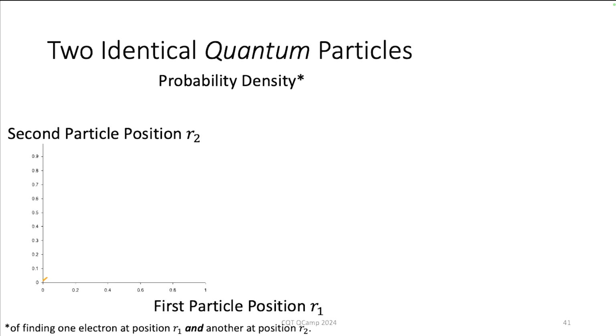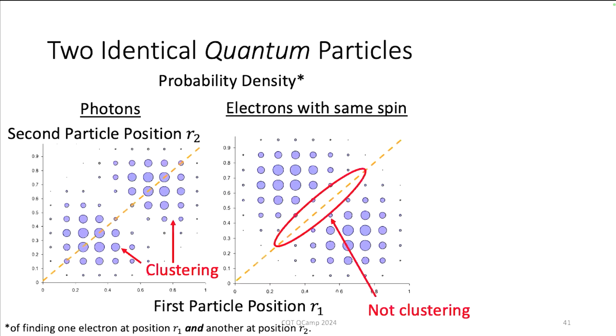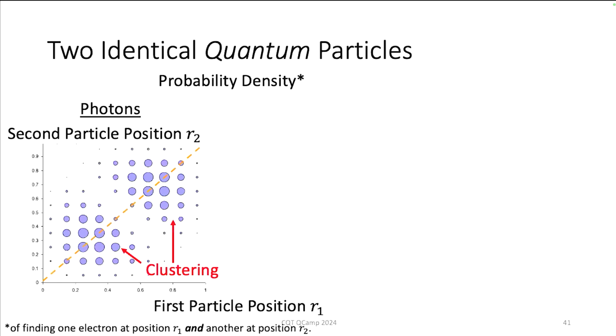Now it's two different spaces. So if you look at the photons, they are always along this diagonal, meaning that they are always at the same position. So this phenomenon shows that photons like to cluster, they like to be with each other in the same state.